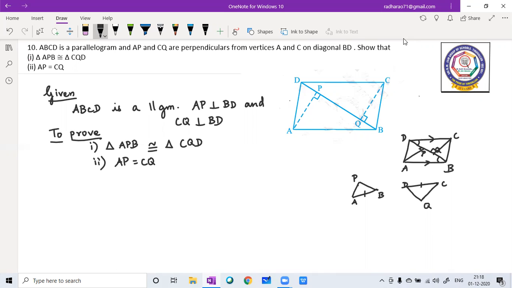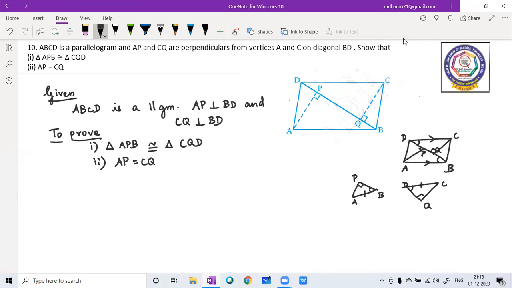AP and CQ are perpendiculars drawn, so angle APB is 90 degree and angle CQD is also 90 degree. And just now I said AB and DC are parallel and BD acts as a transversal, so angle CDQ is equal to angle ABP. That is nothing but alternate interior angles. Two parallel lines cut by a transversal, alternate interior angles are equal.